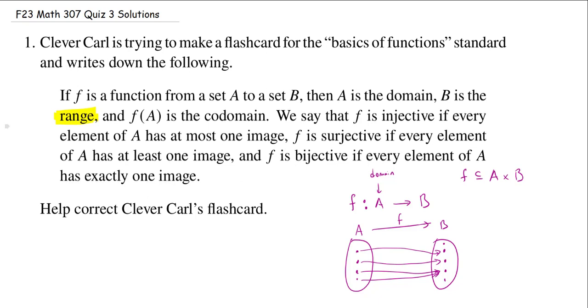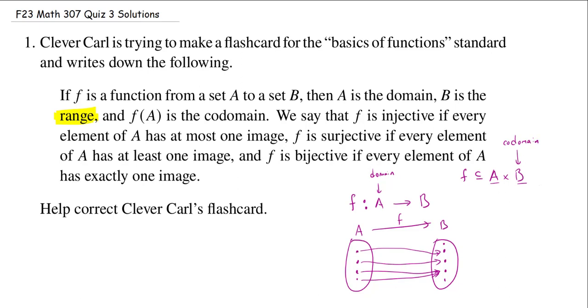When we say f is a function from a set A to a set B, we are specifying what those two sets are. The set on the left, the set A, goes on the left in the Cartesian product. To a set B, that goes on the right of the Cartesian product. And we call this first set the domain, but this second set is called the codomain.